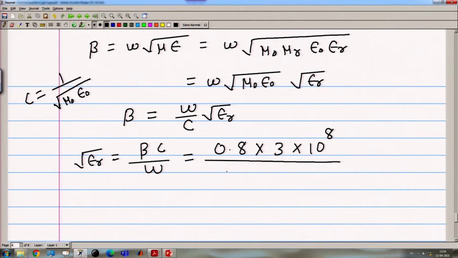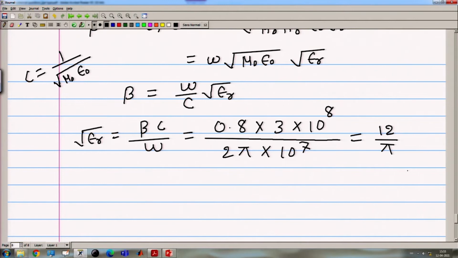Omega is 2 pi into 10 to the power 7. So, after calculation this will come 12 upon pi. So, epsilon r will be (12 upon pi) whole square. So, epsilon r from this we will get 14.59.